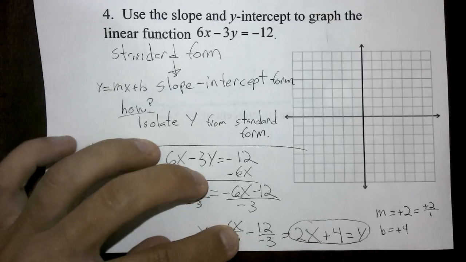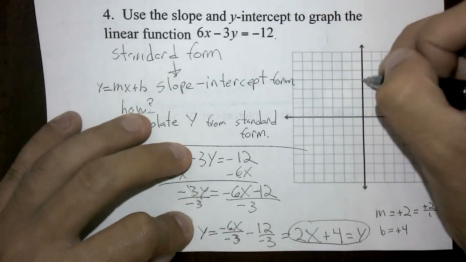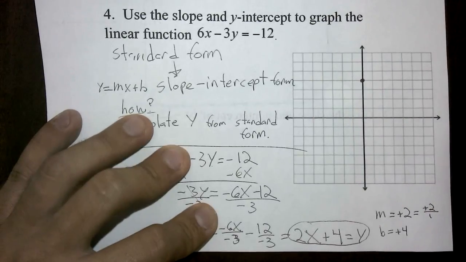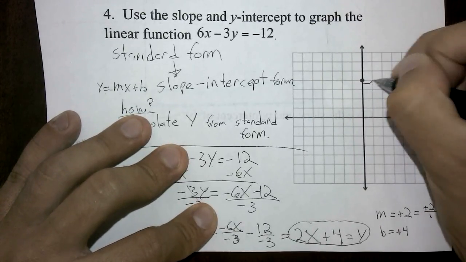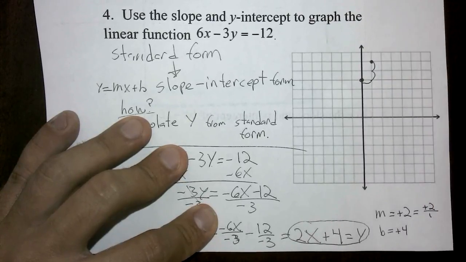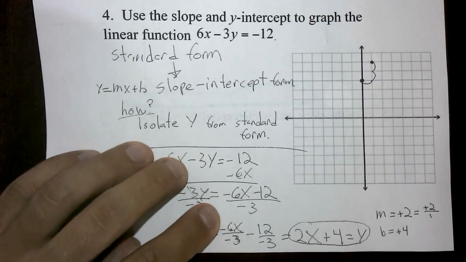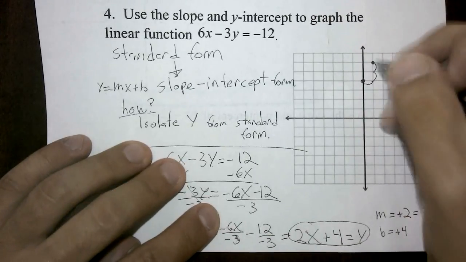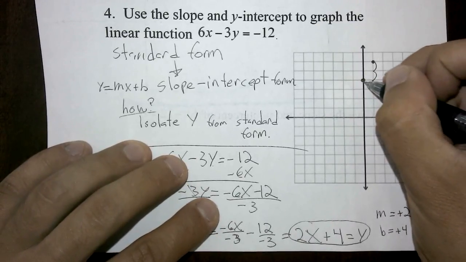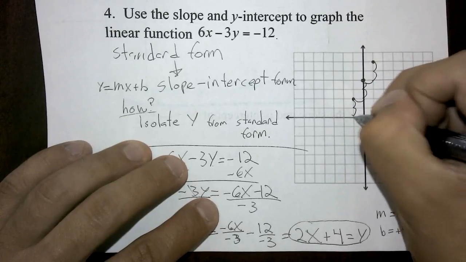So we can graph this out also if we want. So we know that the y-intercept is 4. We know that the slope is 2. So if we run 1 unit and go up 2 units, that gets us another point. We really only need 2 points here. If you decide you want to backtrack, just be consistent because our slope's positive, going up and to the right. So we could go down 2 over 1, down 2 over 1.